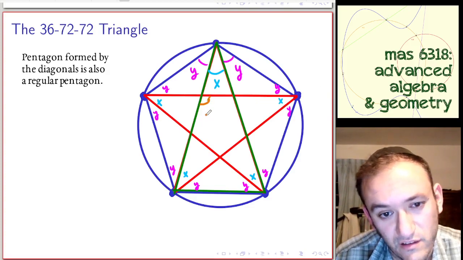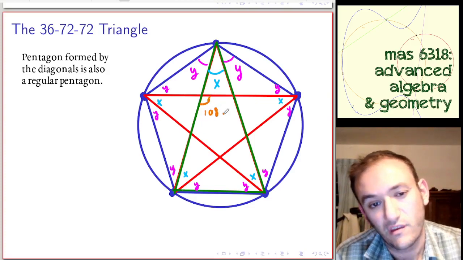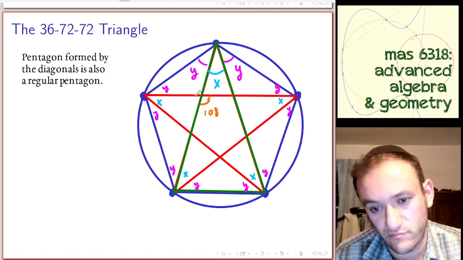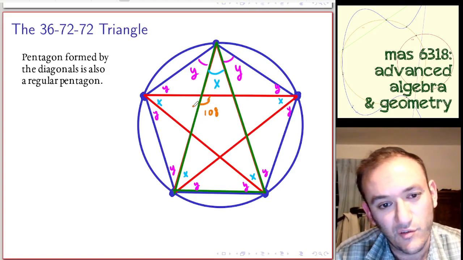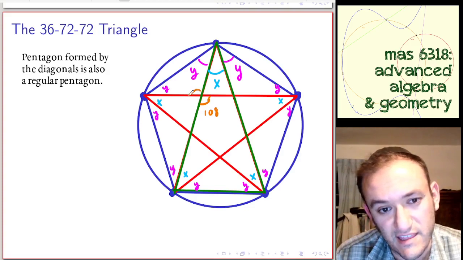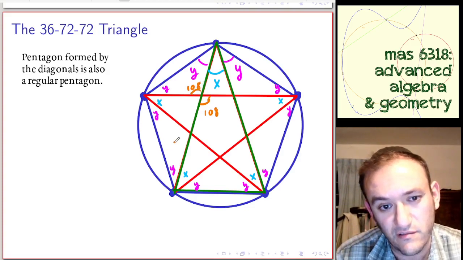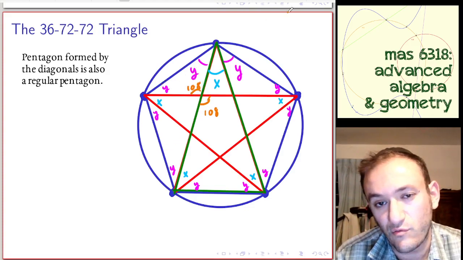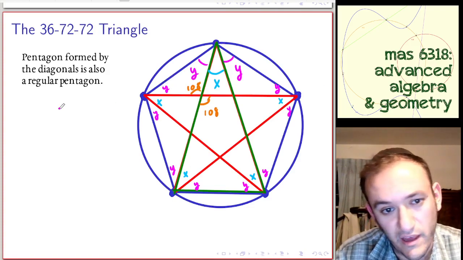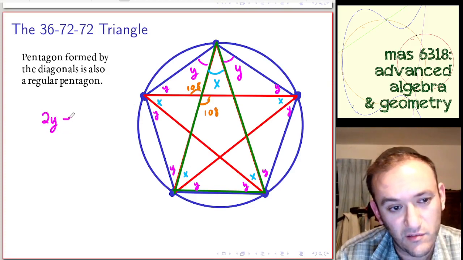So this angle is 108. But we know by our principles regarding intersecting lines that this is also 108. But then we know that 2y plus 108 must be equal to 180. And that tells us that y is going to be 36.